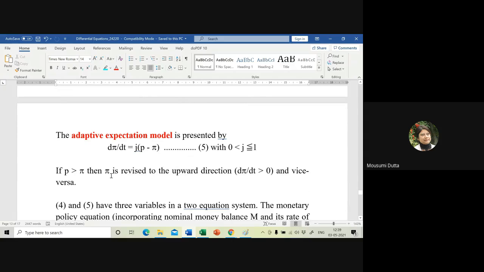After that, starting from the adaptive expectation model, we are bringing in the calculus. In that case, we used pi t plus 1 minus pi t, this kind of concept. Here we are bringing d pi by dt because pi is a function of time, and we can apply calculus to consider the change in expected inflation rate with respect to time.